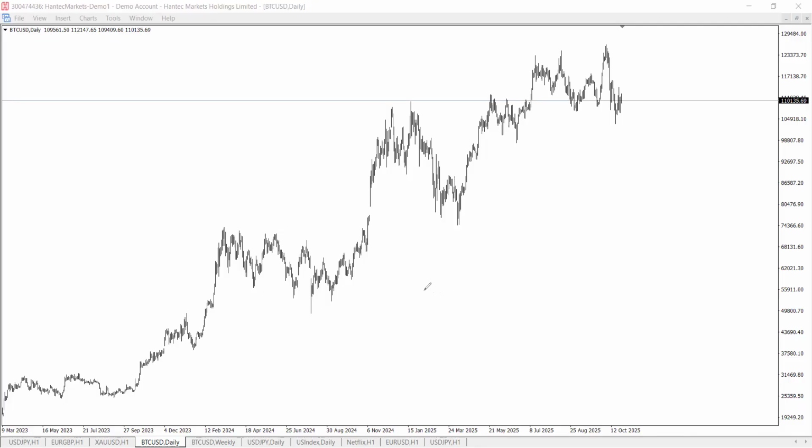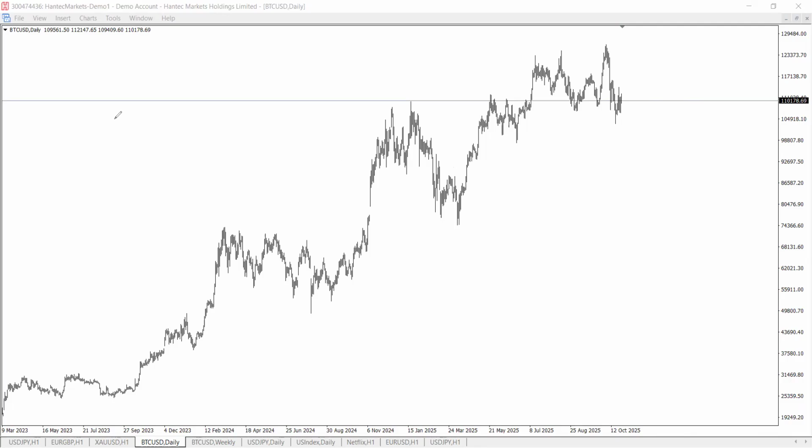But then I still had a few people saying that they bought the Bitcoin based on the fact that it's hot, it's on a bull run, but they still lost money. So yes, it's on a bull run, but you still need to know where to enter to buy. And that's why this video, how to trade the Bitcoin using simple support and resistance, is very, very important.